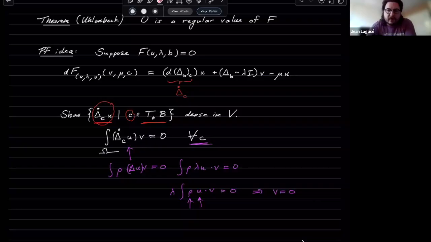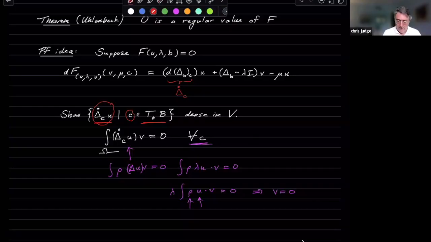Well, there is a question in the chat asking if you're using that variations are sums of conformal and volume preserving ones. It's true, but if I can get away with just using the conformal deformations, that would be good. But you actually need to use volume preserving ones as well. I just need to know that B is large enough to produce enough variations in my operator.